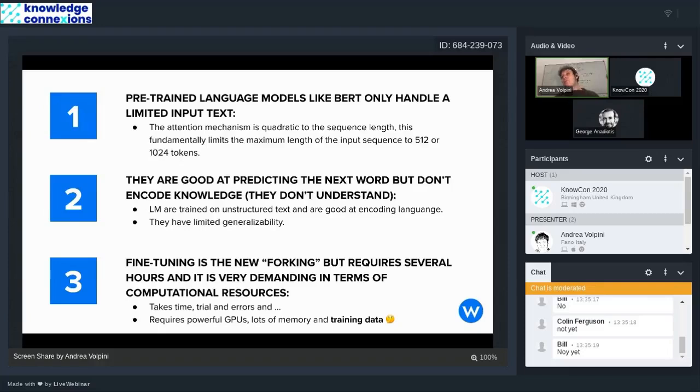Now, this might not be a big issue because, of course, you can split the content into multiple parts and then send it to the model in parallel. So there are ways of coming out of this problem. But, of course, it's a limit that also impacts the use cases that we can implement with these language models.